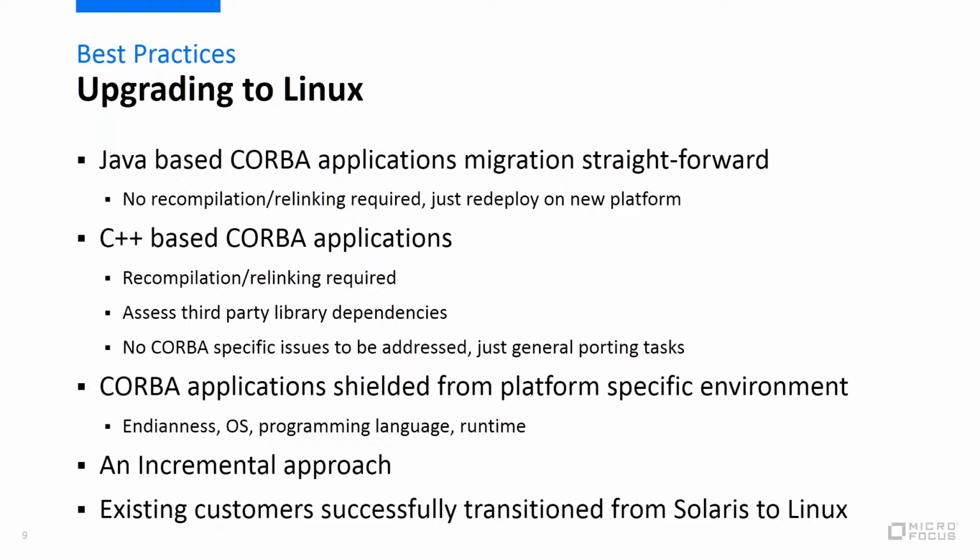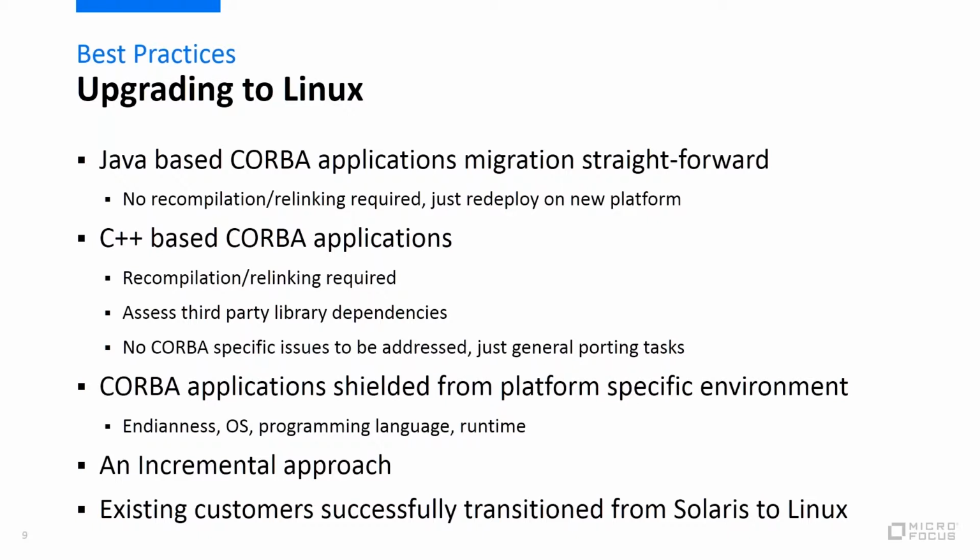So migration from Solaris to Linux will address rather general porting tasks like different C++ compilers with potential different compiler flags, adjustment of make files and so forth, and as well an assessment on dependencies of third-party libraries which are being used by your CORBA applications.